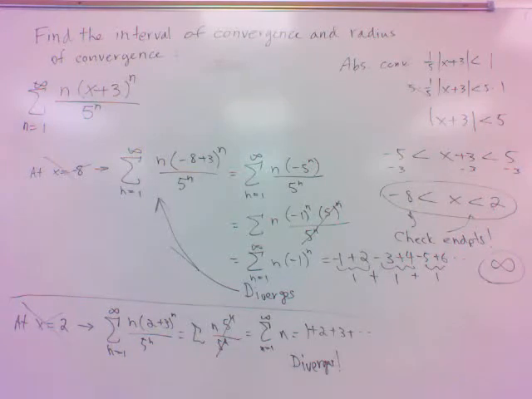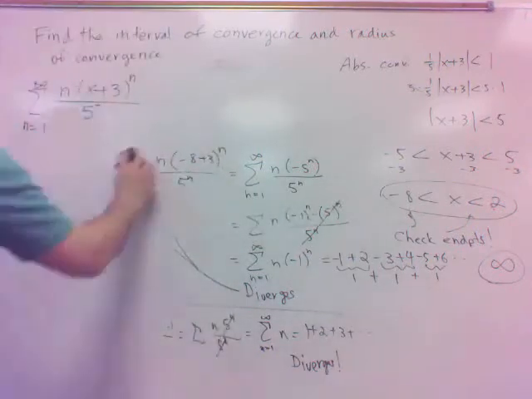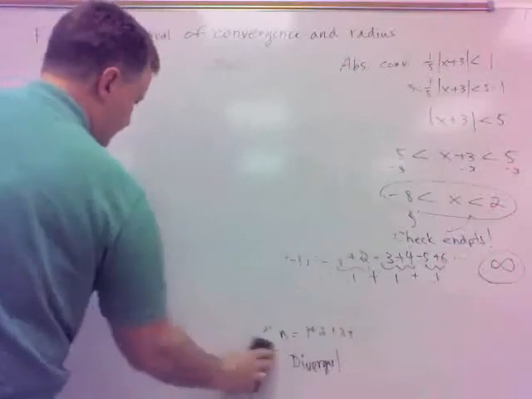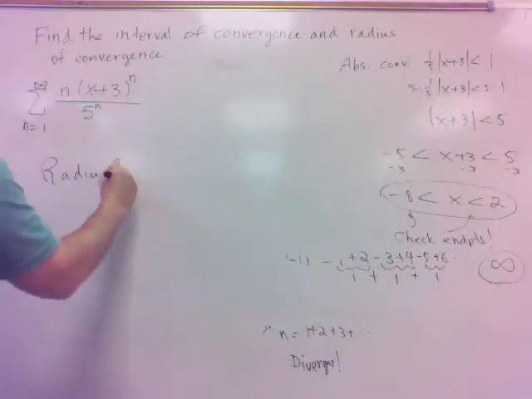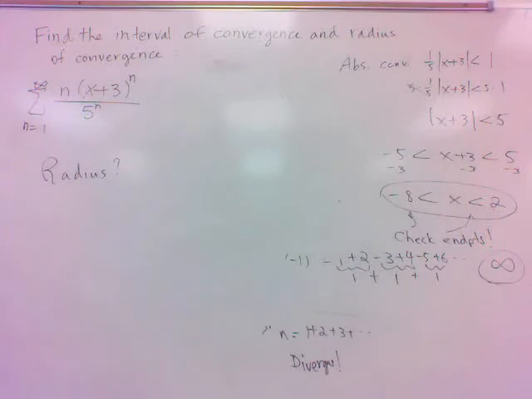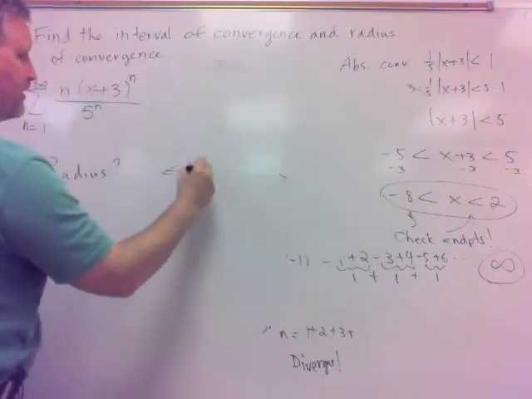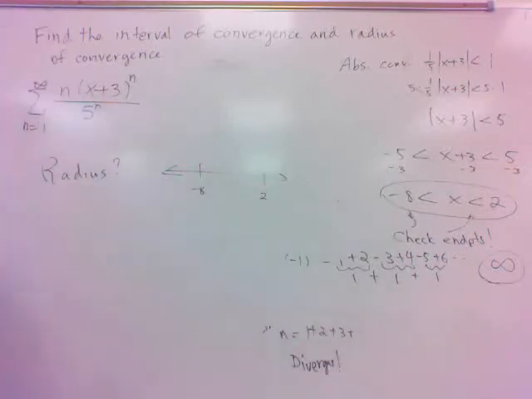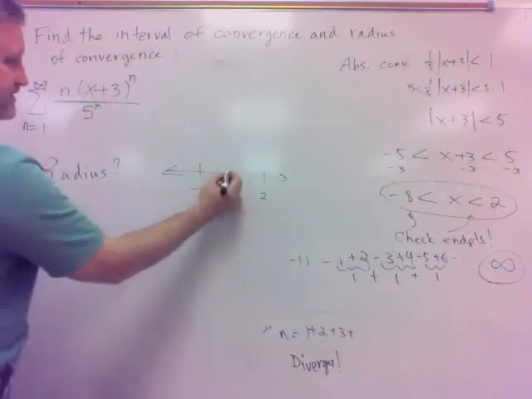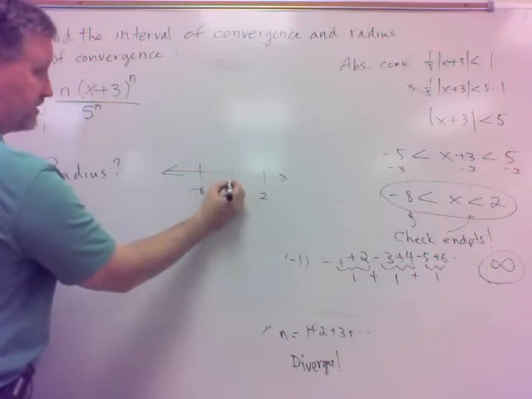Now, radius of convergence. Talked about this a little bit. The radius of convergence, again, if you think of it as a number line here, you got negative 8 to positive 2. And so the radius, that's just talking about how far from a center point do I go.